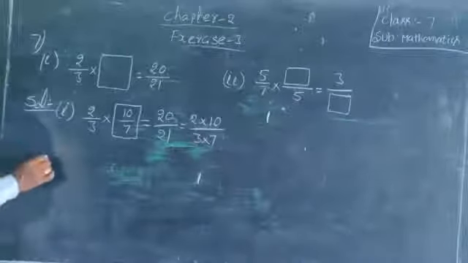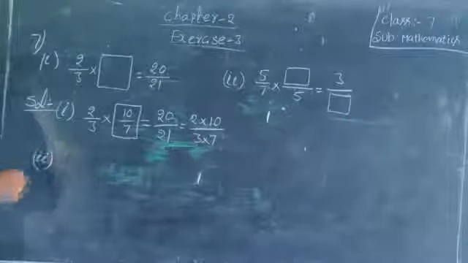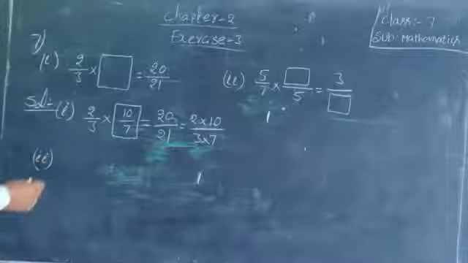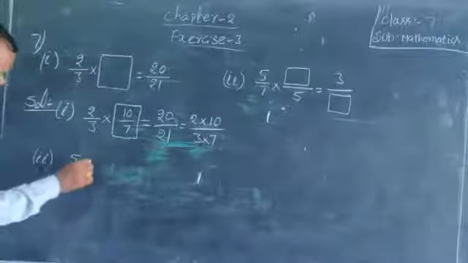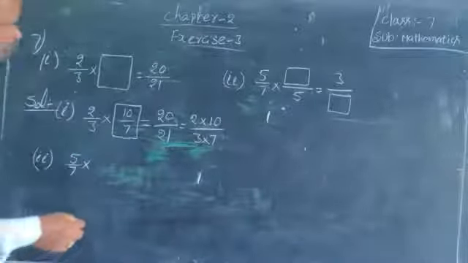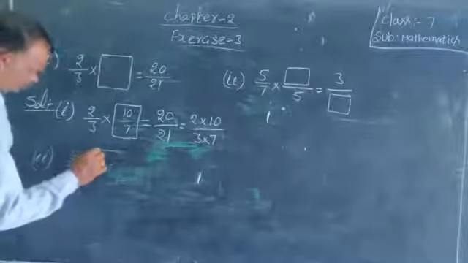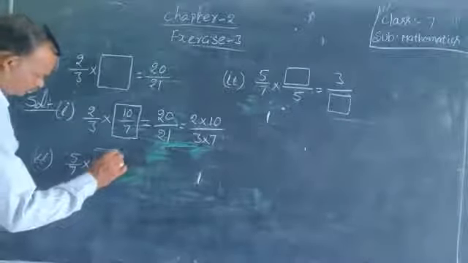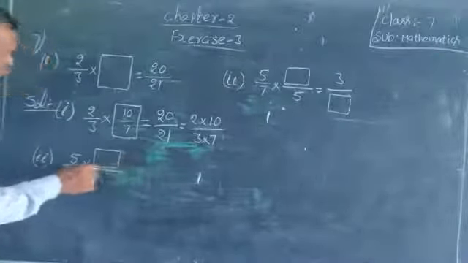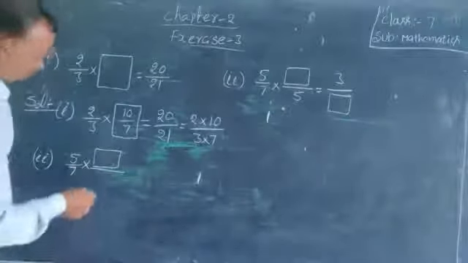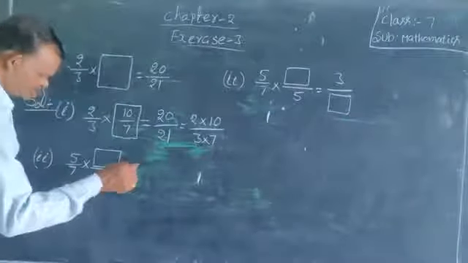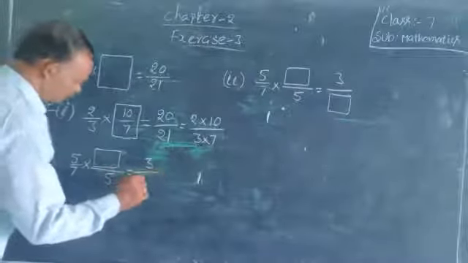And the second one also, what is the value? 5 by 7 into box by 5 is equal to 3 by box.